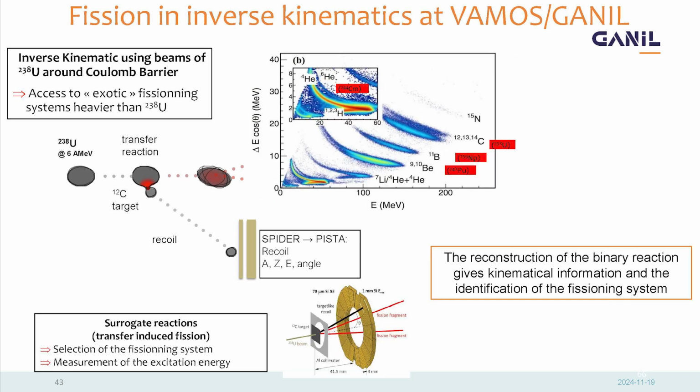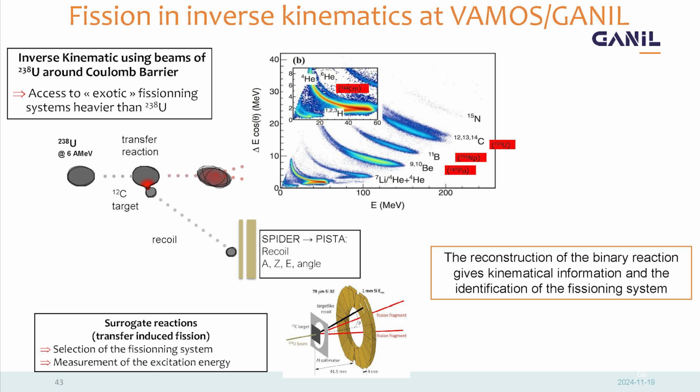So I have a picture here. Fanny showed this plot yesterday already, and you'll see a lot of this plot today. Basically, here you have the target. You make reactions. The target-like nuclei get detected in the silicon detector, and by delta E correlation, we can select the nuclei that were populated.